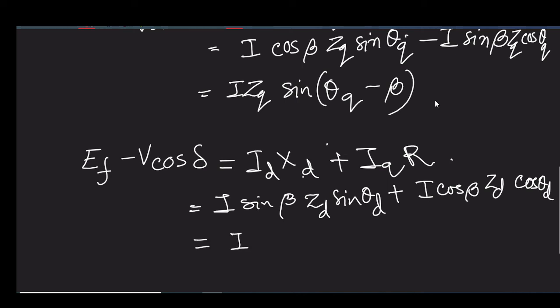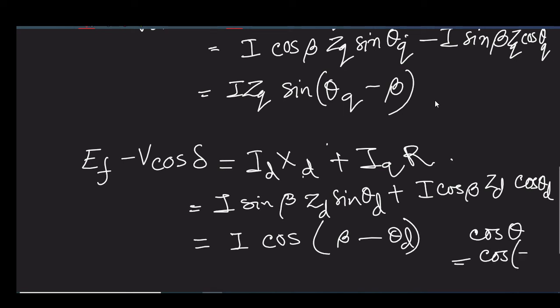So probably it will give us a formula like I ZD cos of beta minus theta d or theta d minus beta, because cos theta is equal to cos of minus theta, so this order doesn't make much difference.